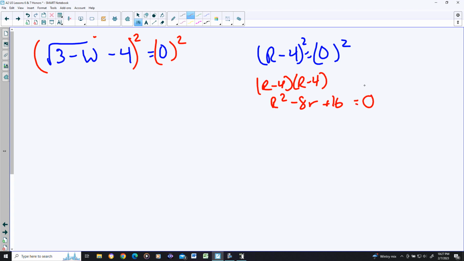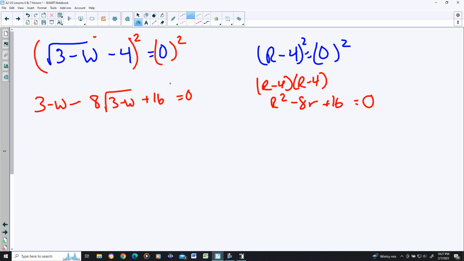So what is that going to look like over here? I'm going to get the radical piece squared, so I'm going to get 3 minus w minus 8 root 3 minus w plus 16 equals 0.